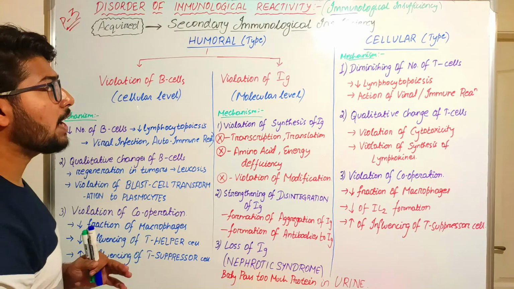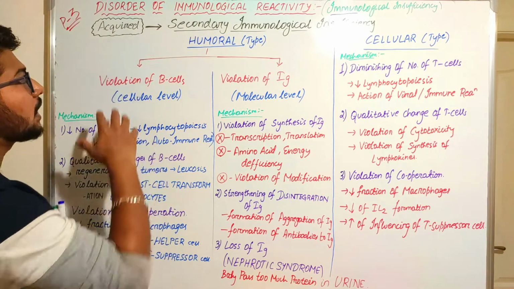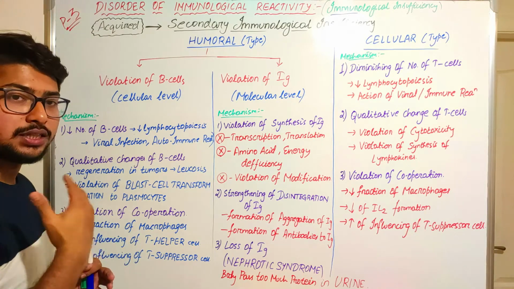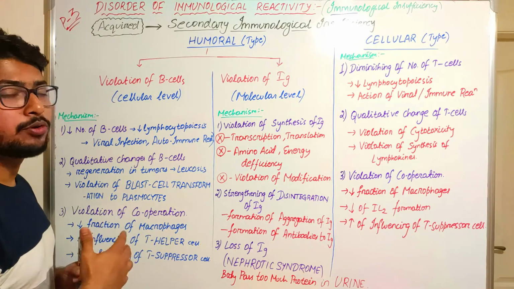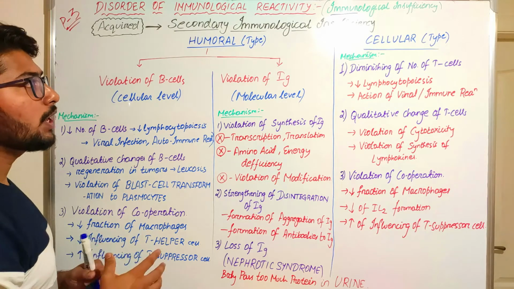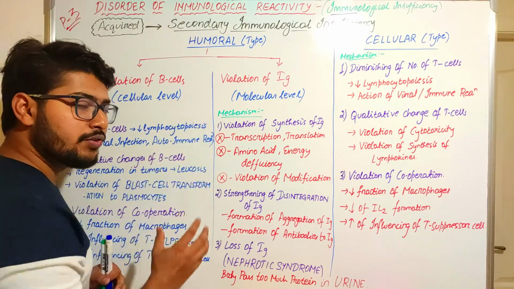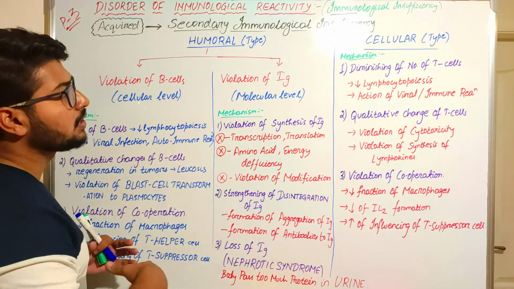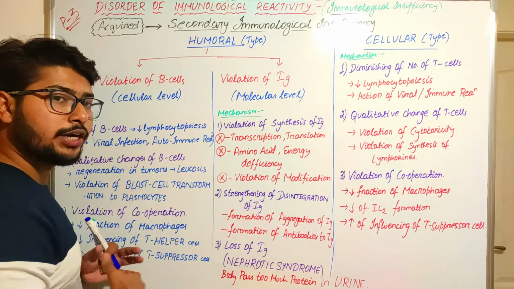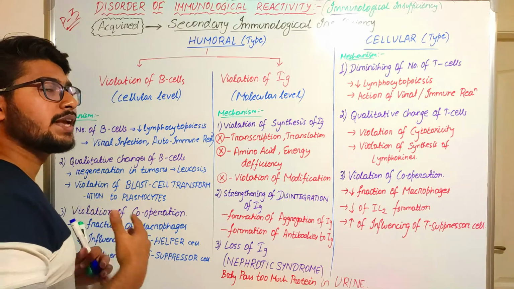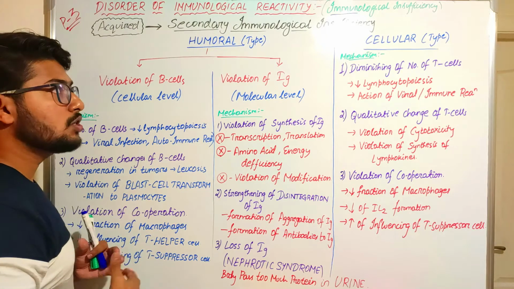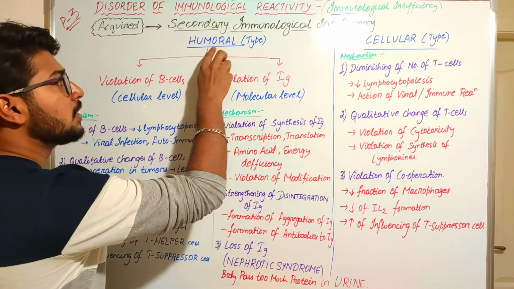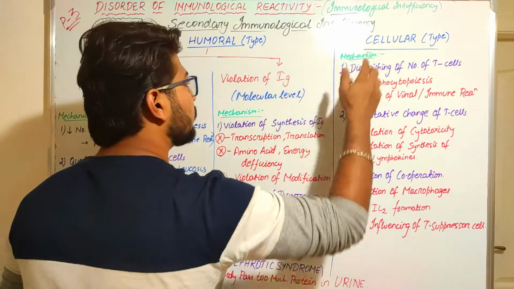But in this video I am going to discuss the acquired form of immunological insufficiency, otherwise known as the secondary form. This secondary form is again divided into two types, in a similar manner, according to the types of immunological reaction our body shows: humoral type and cellular type.